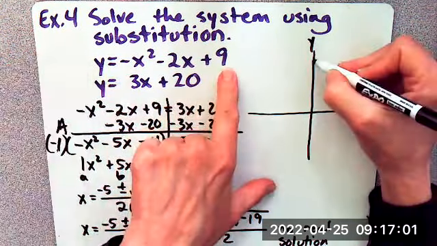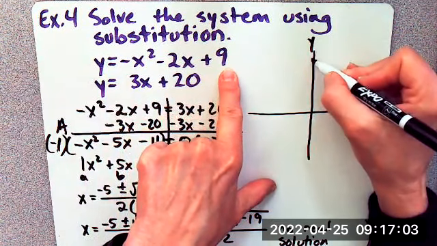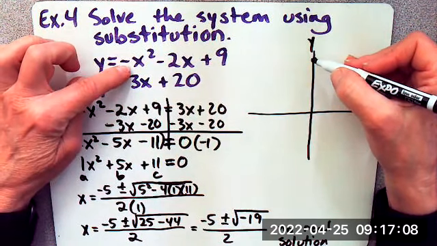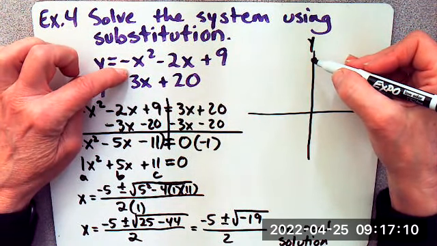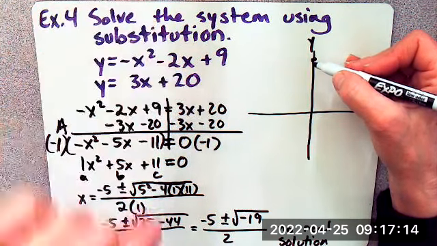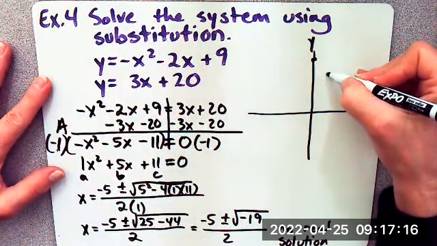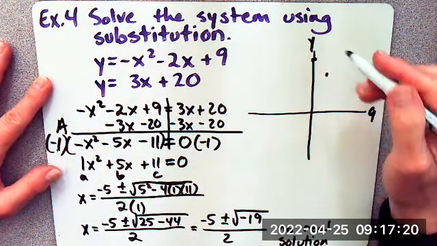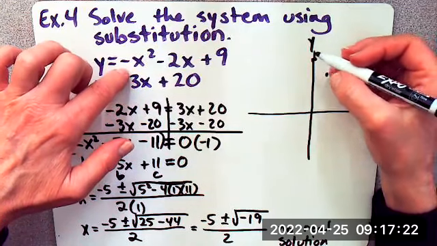So we start with 9 on this, and it's going to open downward. So if this is 1, negative 1 minus 2 gives us down to 6. So that'd be 6 here, and negative 1 is different.